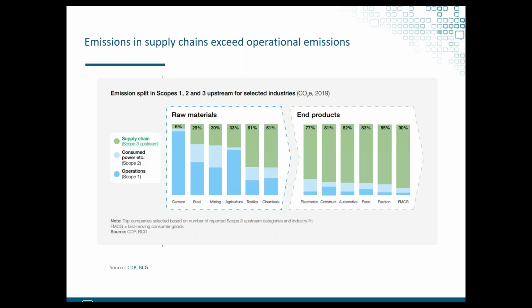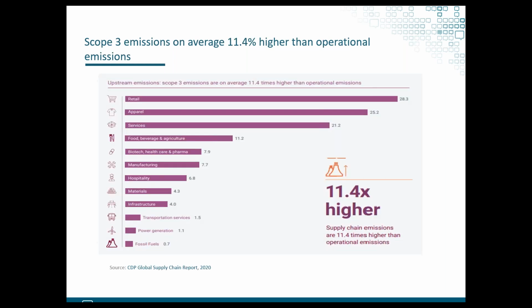So in here we can see that in 8 out of 12 sectors, scope 3 supply chain emissions account for more than 50% of total emissions. And in construction, auto, food and FMCG, this figure is actually over 80%. So quite a big disparity between direct and indirect there.